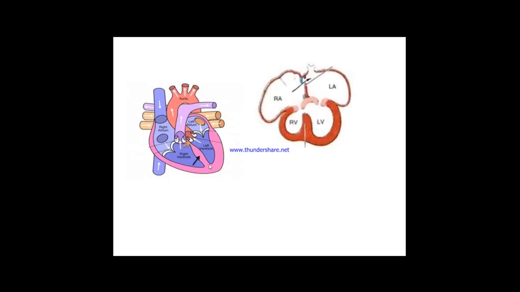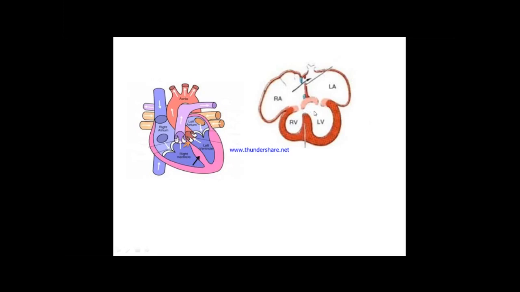Now, how does the septum formation take place in the ventricles? First of all, a muscular ridge appears between the bulbus cordis and the primitive ventricle. Then the endocardial tissue at its top proliferates, and there is also proliferation of the endocardial tissue from the septum intermedium and the conus cordis septum, which fills this gap, which is initially a communication between the right ventricle and the left ventricle, known as the interventricular foramen.